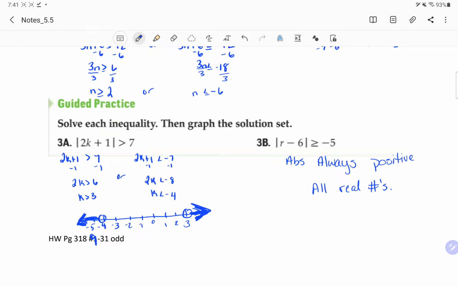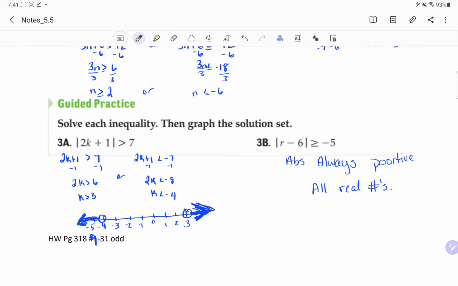All right, so for 3A, you would solve this side and you'll get 2k plus 1 is greater than 7. Subtract your 1, 2k is greater than 6. Divide by 2 and you'll get k is greater than 3. So I came over here and I graphed that and I have an open circle on 3, and if k is greater than 3, I'm going to shade to the right. Same thing over here, but I'm going to turn my sign around and make that a negative 7.